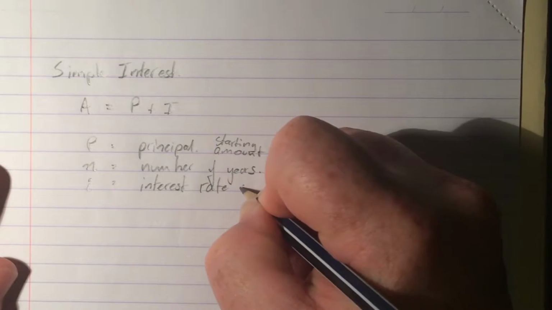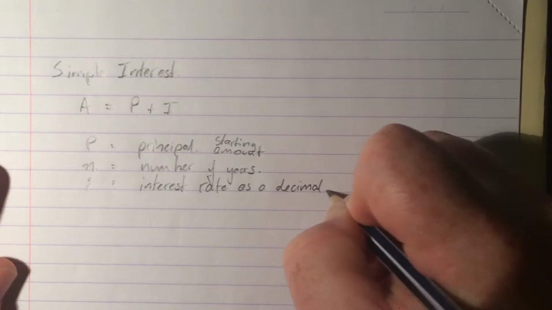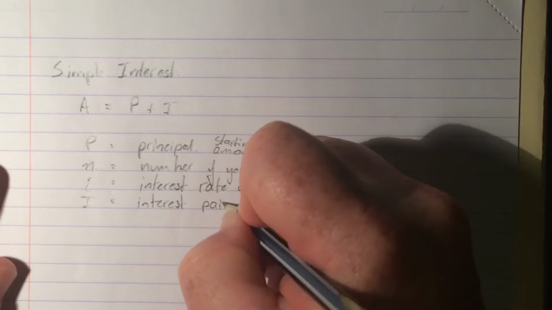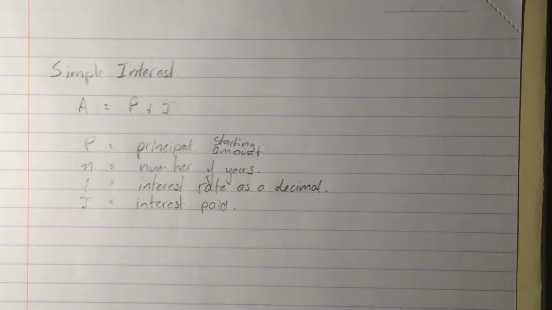R, the interest rate, and we're going to express the interest rate as a decimal. And of course, uppercase I, the interest that's paid, either by the bank or by the customer.